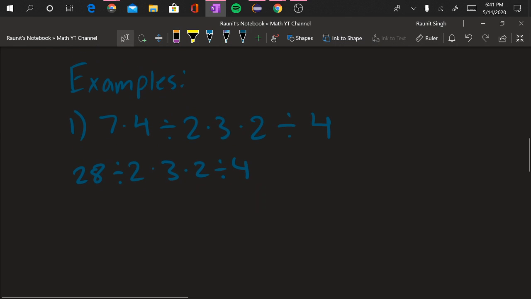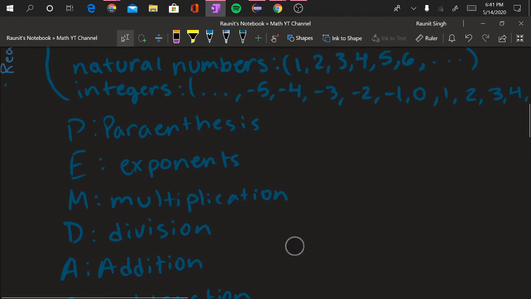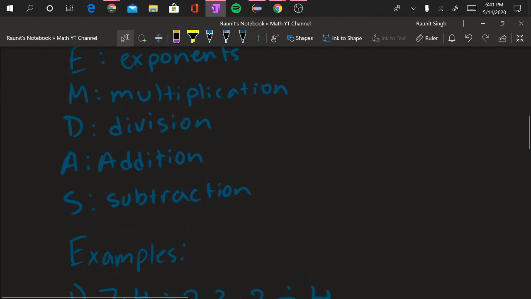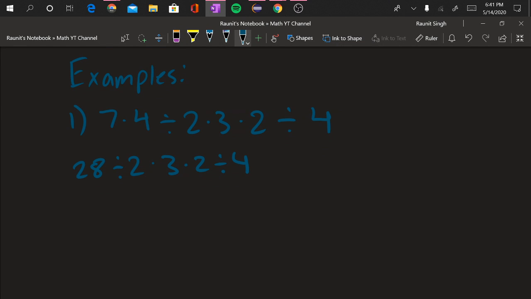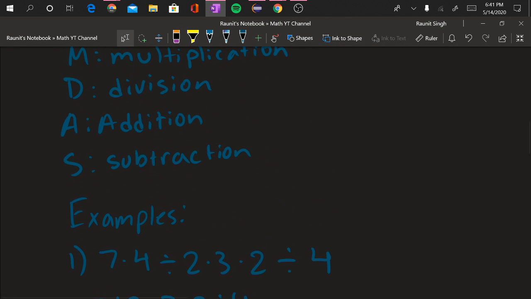In PEMDAS, you see that multiplication comes before division, right? But really, we're going to do the division first. We're not going to do the 2 times 3 times 2. The reason is that multiplication, division, addition, and subtraction go from left to right.